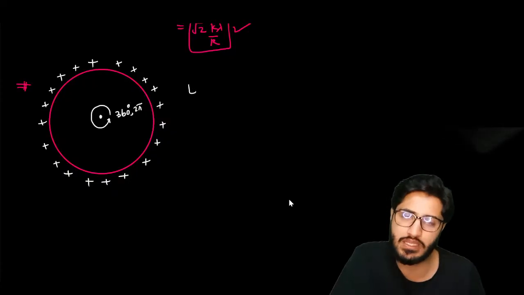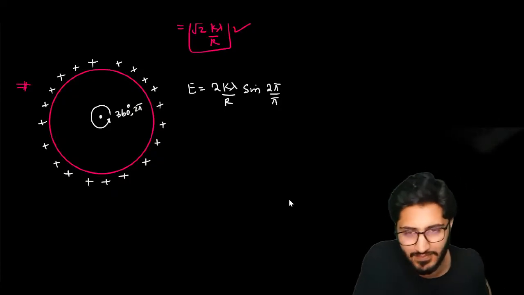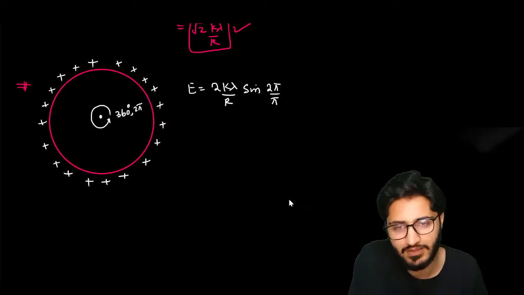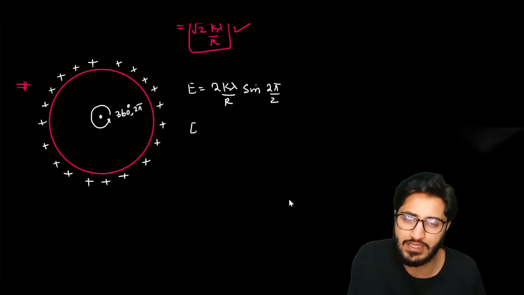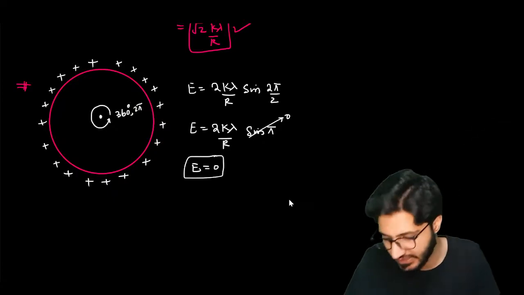So E is equal to 2k lambda by r sine of alpha by 2. The angle is 2 pi, so alpha by 2 is 2 pi by 2. So E is equal to 2k lambda by r sine pi only, and sine pi is 0. So my E would be 0. The electric field at the center would be only 0.